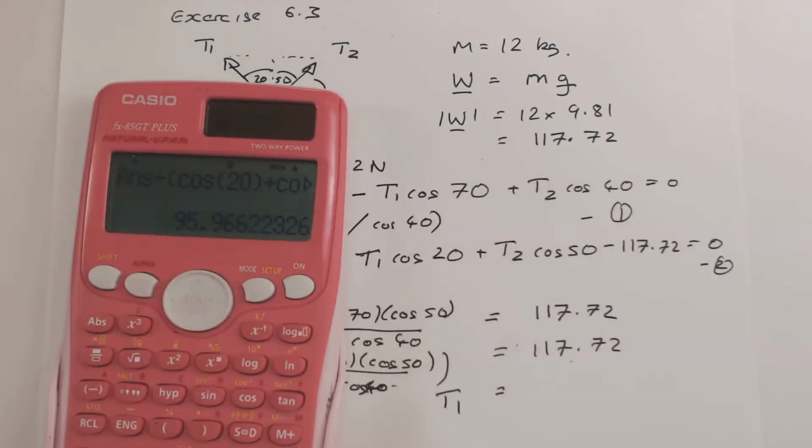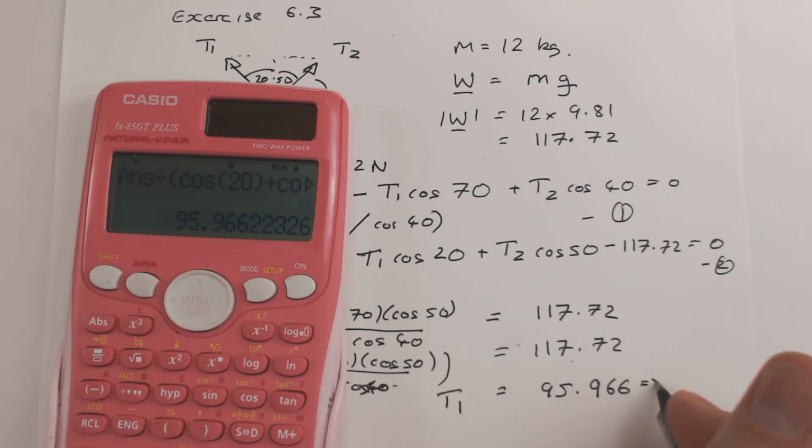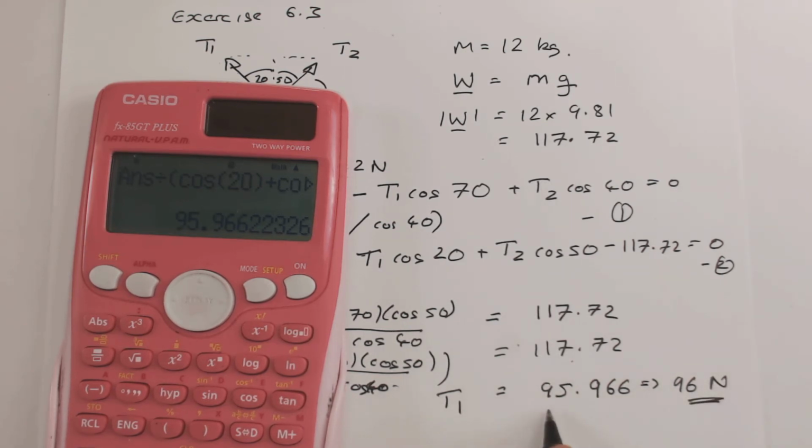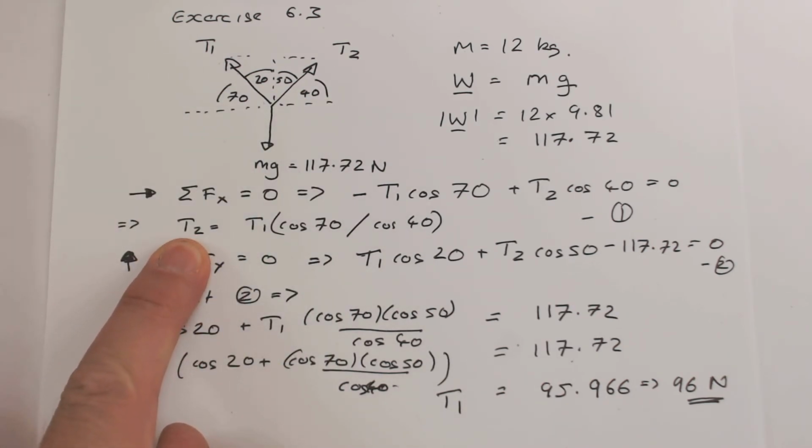Right, so when we've done all that, we end up with 95.966. So if we round this up, 96 newtons. Okay, so we'll use this more accurate result and substitute it into this equation here to find what T2 is.